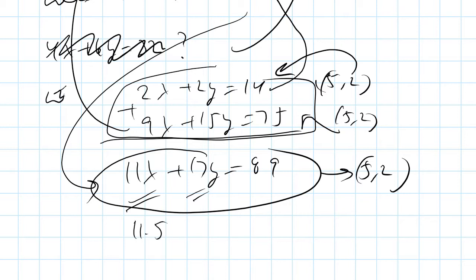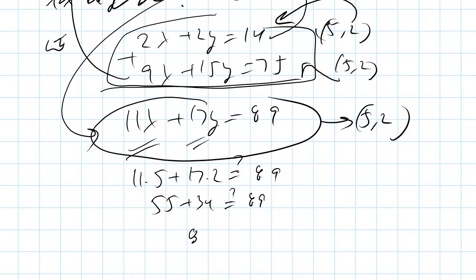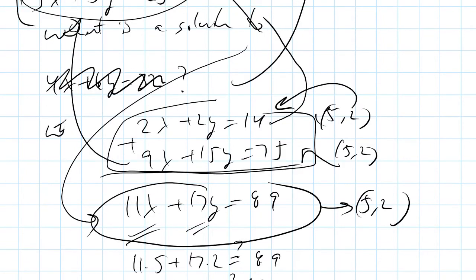We can even check that 11 times 5 plus 17 times 2 equals, I hope, 89. 55 plus 34 equals, I hope, 89. 89 equals 89, check. So this is a kind of abstract concept.